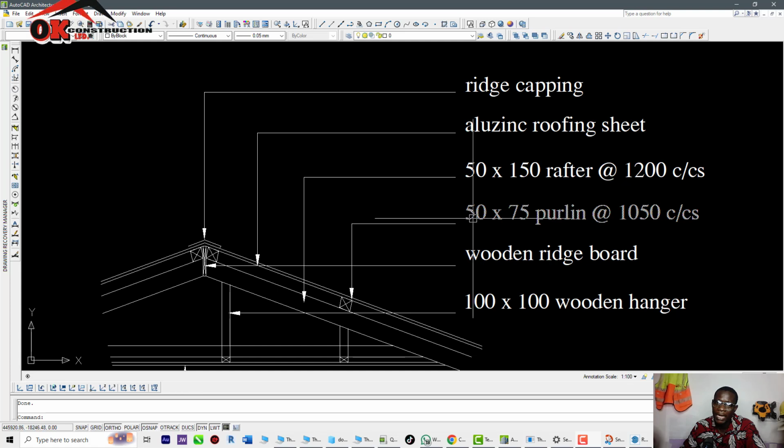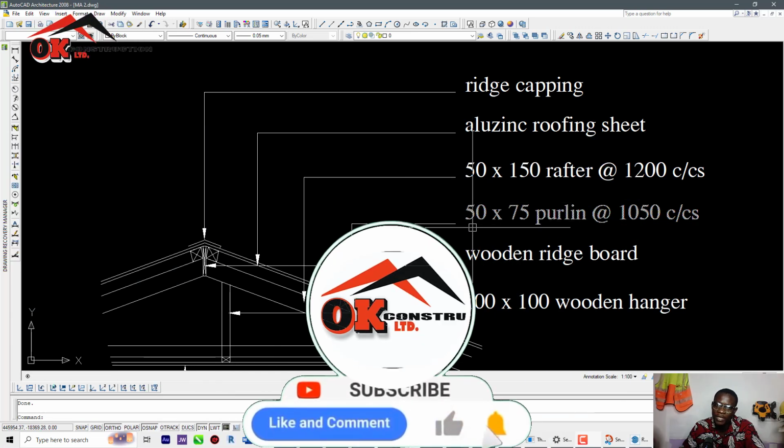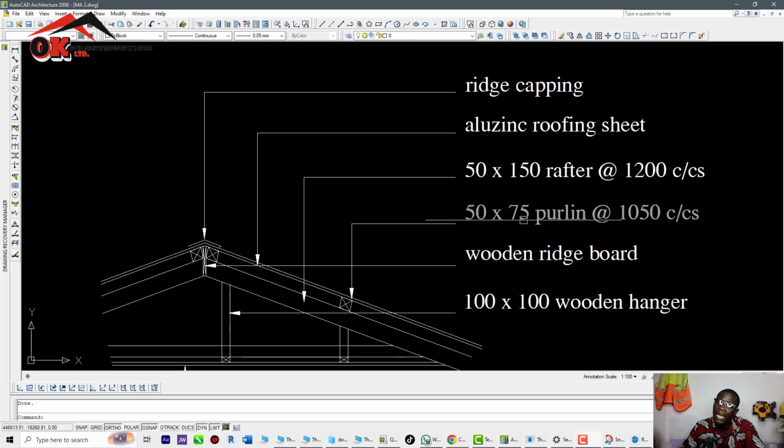The palings are 50 by 75, in metric, in millimeters. 25 millimeters is 1 inch, so 50 is 2 inches, and 75, multiply 25 by 3, gives 75, meaning 3 inches.